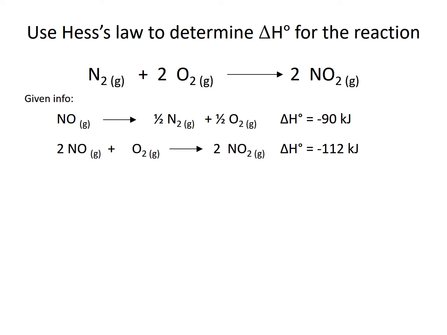So we're going to use Hess's law to determine the delta H naught, so standard conditions, for the reaction right here: N2 gas plus 2 moles of O2 gas forms 2 moles of NO2 gas.